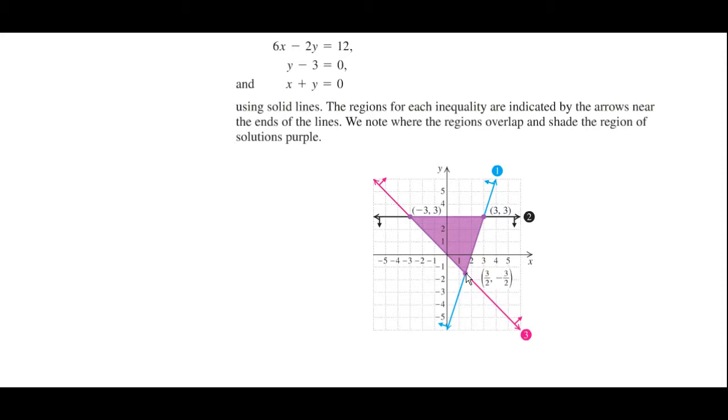You're looking for a consistent point of two different graphs. That was from chapter 3. And when you solve, you get x is 3/2 and y is a negative 3/2. You'd be using these two equations, well, no, the first and the third.